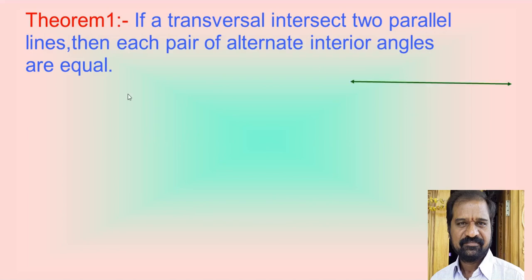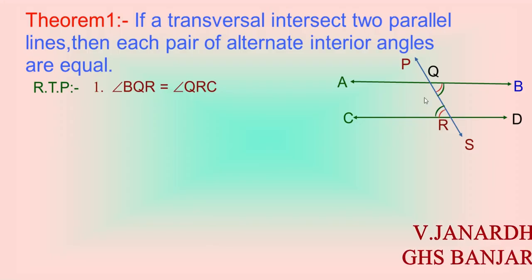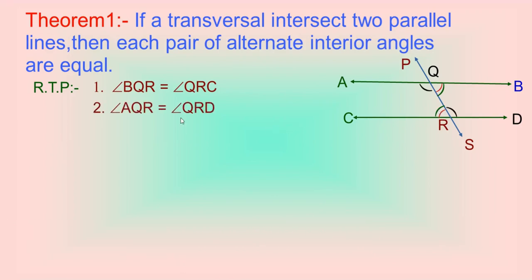We take a line AB which is parallel to CD, and a transversal PS intersecting AB at Q and CD at R. Required to prove: angle BQR is equal to angle QRC, and angle AQR is equal to angle QRD.